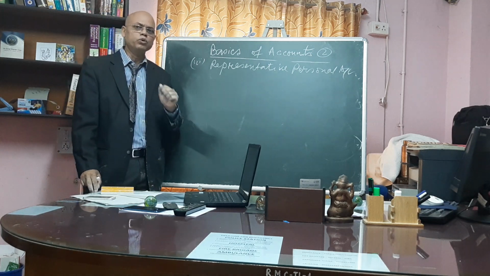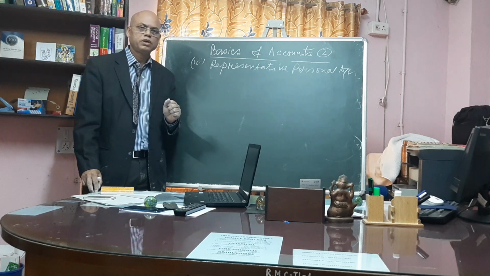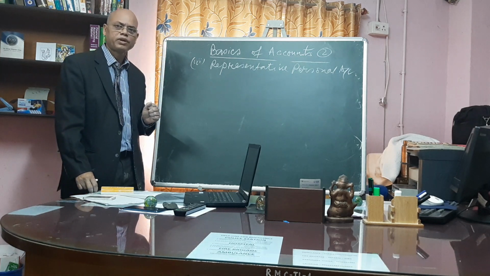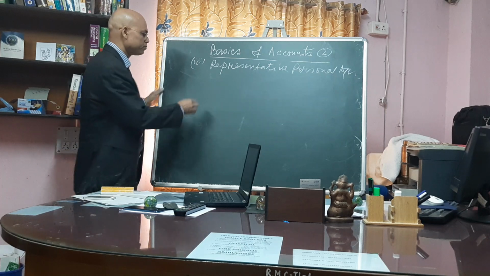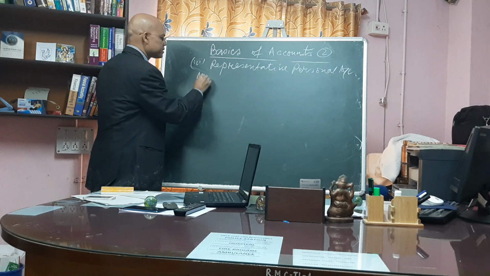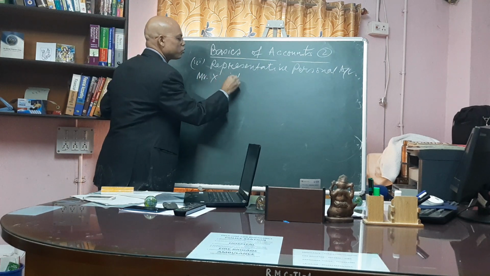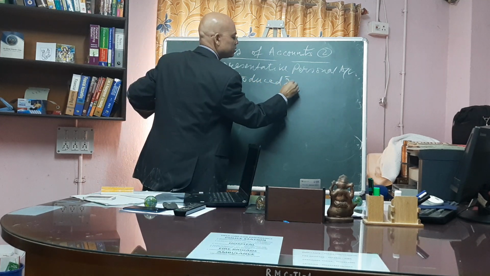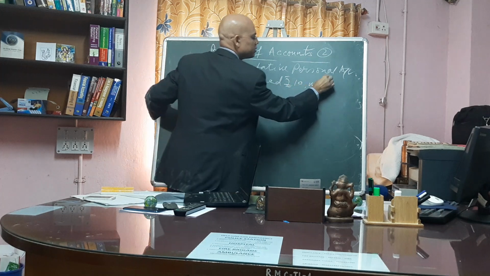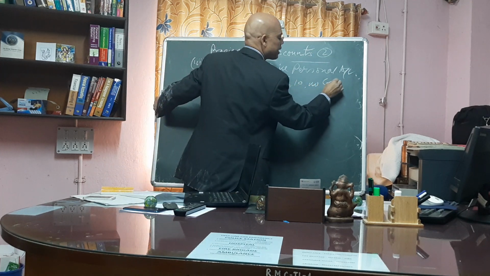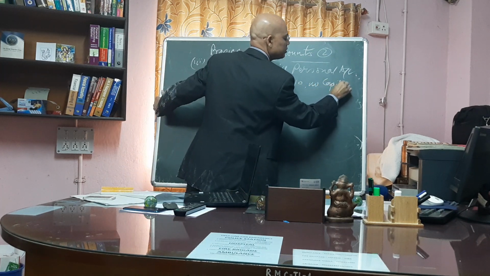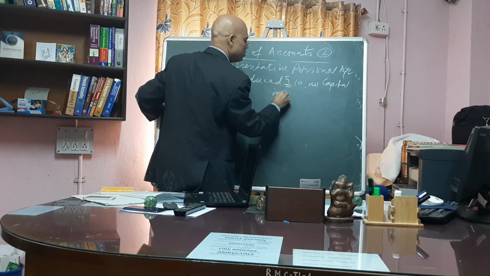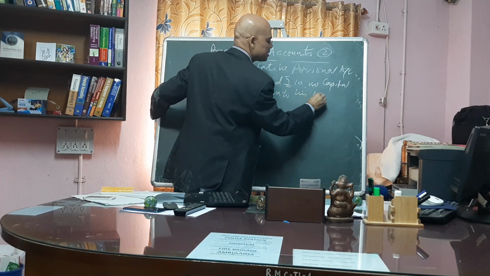As per the golden rule, you know, debit is the receiver, credit is the giver of money. I am giving you an idea: Mr. X introduced rupees 10,000 capital into his business.